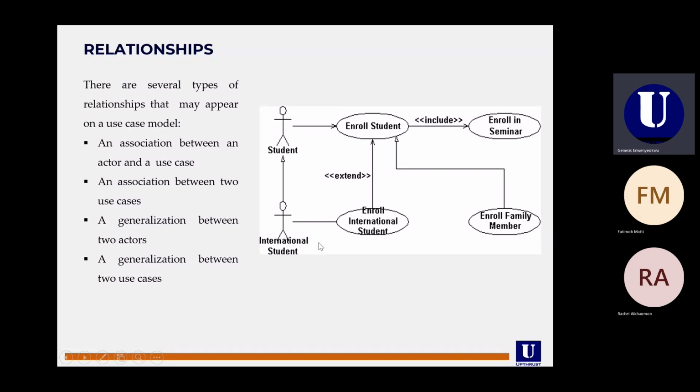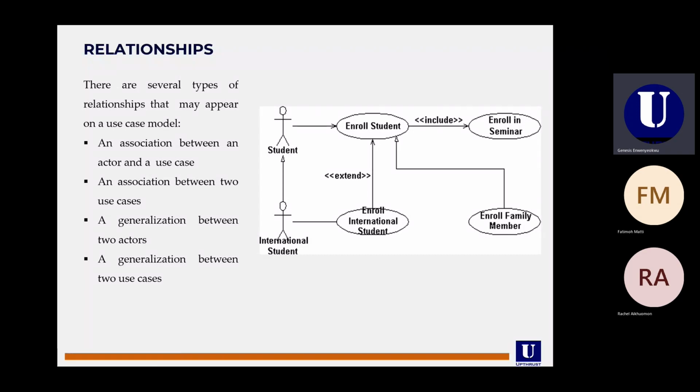But in addition, there are other specific things that it can do that the primary or parent actor cannot do. That basically is what generalization relationship tells us. It tells us that the actor below, which is called the inheriting actor or the child actor, can do everything the parent actor, which is the students, can do, and even do more, which is enroll international students.